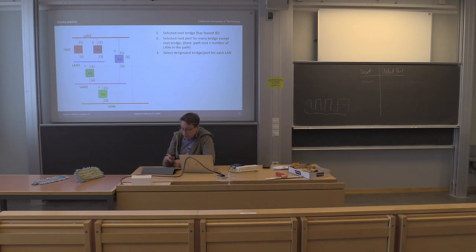Okay, so next one is B3 here. So it has now LAN 3. So it needs to select a designated bridge. So it has to choose between B4, B5, or B3. And it would like to pick the bridge which has the best path to the root bridge.